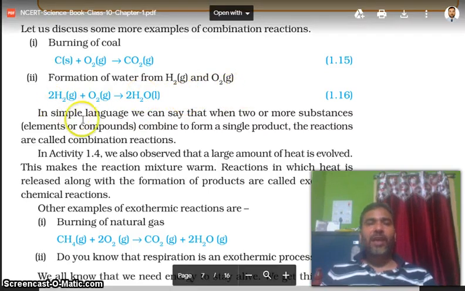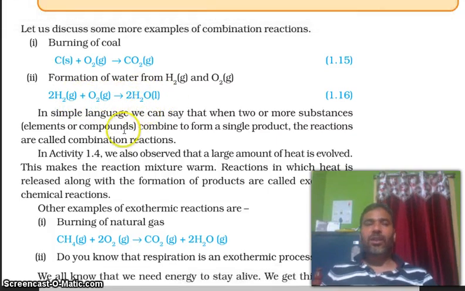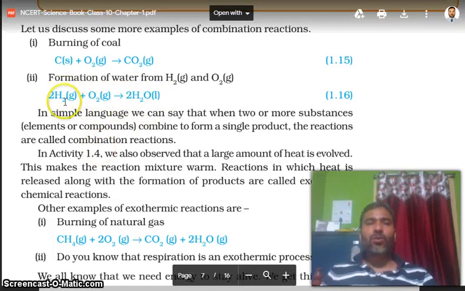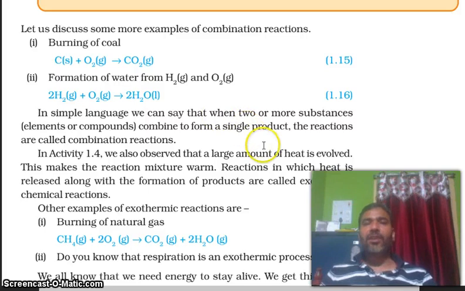You see, hydrogen reacts with oxygen forming water. These both are in gaseous form and water is in liquid form. In simple language, these two combine together forming a single product. This is a combination reaction. We can say when two or more substances combine to form a single product, the reaction is called a combination reaction.